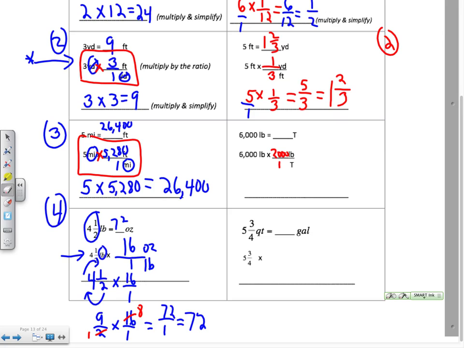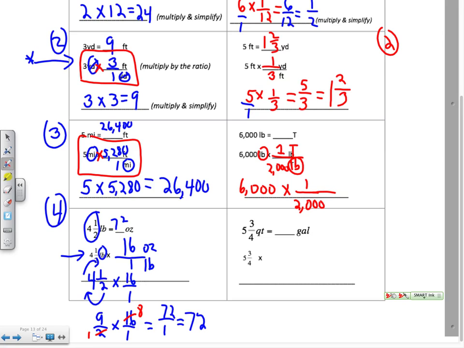That's going to get me the wrong answer. Because my pounds have to be at the bottom and my tons have to be at the top, I want these two to be diagonal from each other. So now I'll put my 1 up here and my 2,000 down here. So the problem becomes 6,000 times 1 over 2,000.